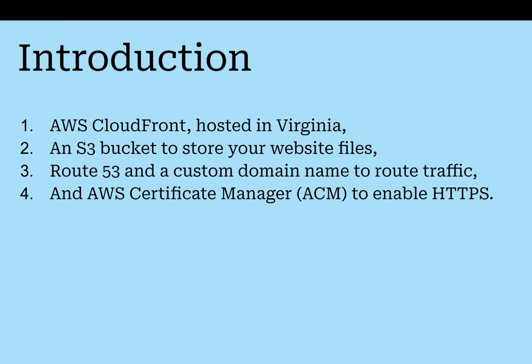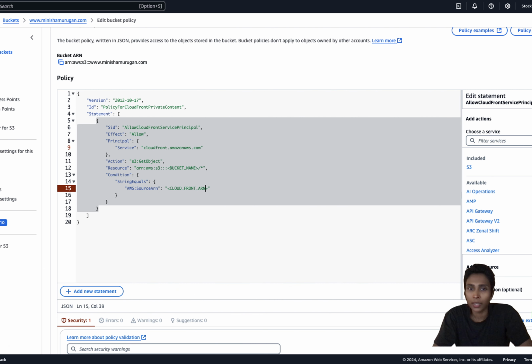So what you need to do is write a policy that restricts access to your S3 bucket, so it only works through CloudFront. The policy will look something like this. What it's saying is, allow access to my files only if the request comes from CloudFront.